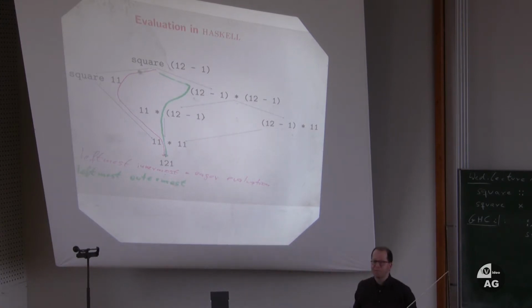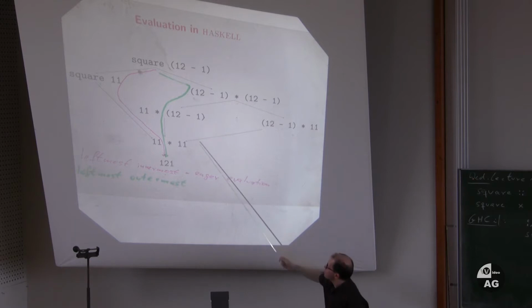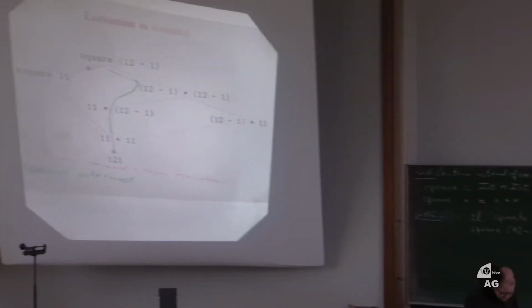Of course you can type this. And then what happens? Will it first evaluate square, or will it first evaluate minus? Yeah, minus, right. So all the imperative languages do leftmost innermost. And many functional languages do that too, but not Haskell. Haskell does something like leftmost outermost.